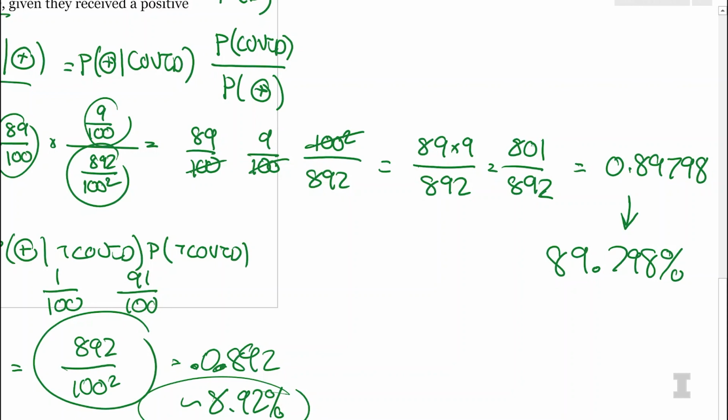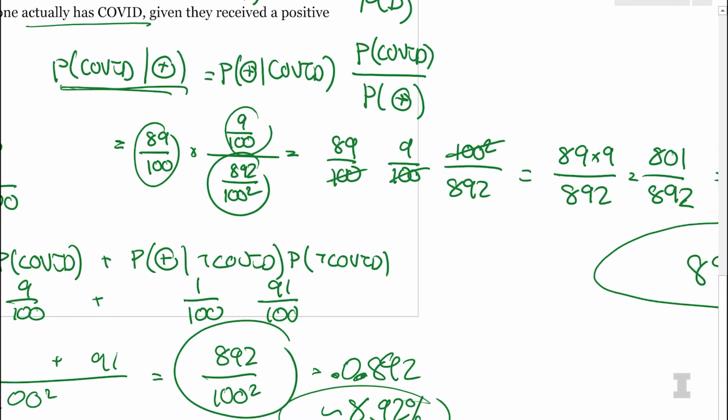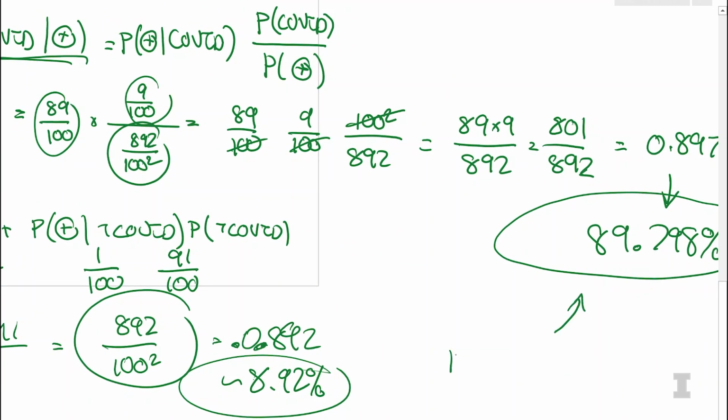What's always helpful is, we got this result, but what does this result mean? So let's see, what did we solve for? We solved for the probability of COVID given a positive test result. So given that you had a positive test result, the probability of having COVID was right about 90%.